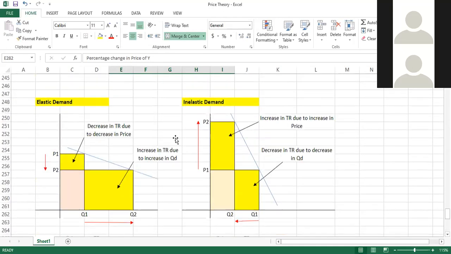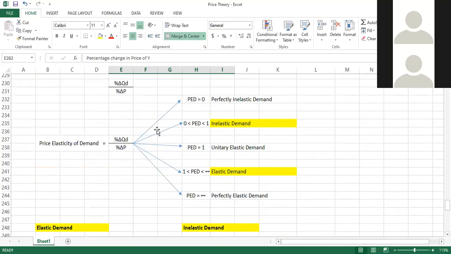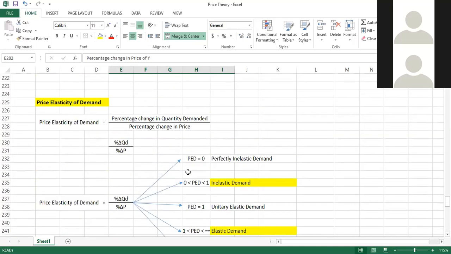When we calculate the price elasticity of demand, will the answer be positive or negative? What do you think?